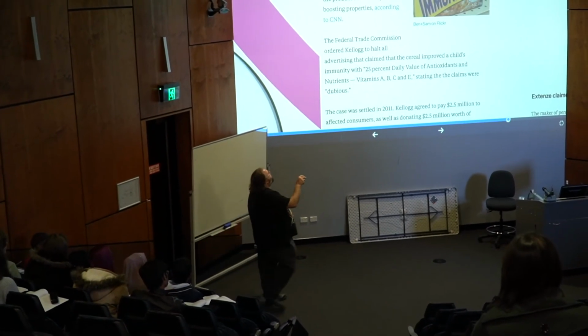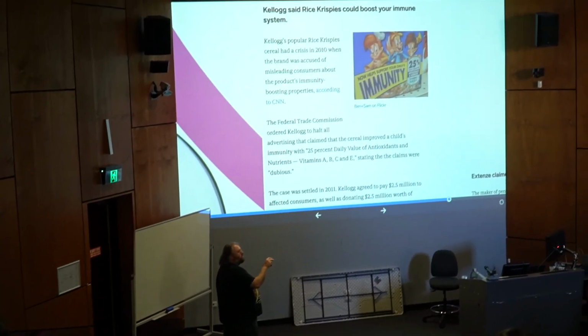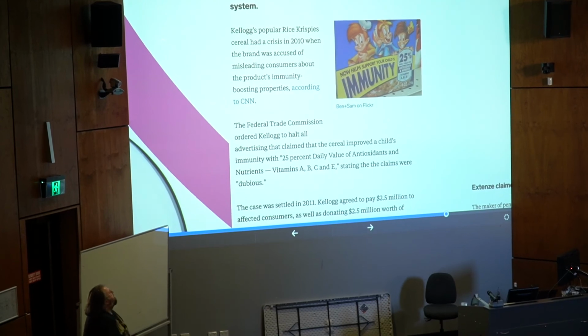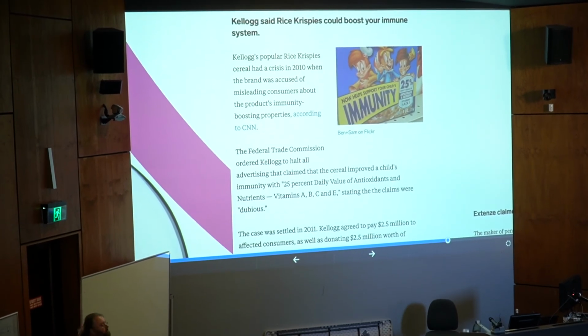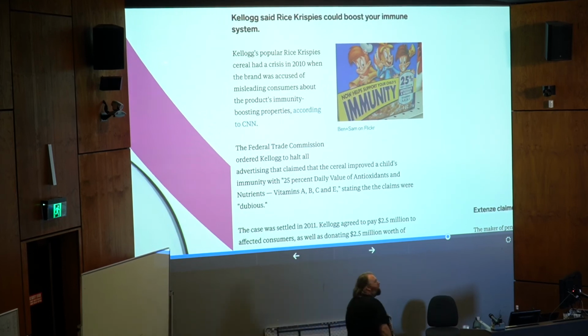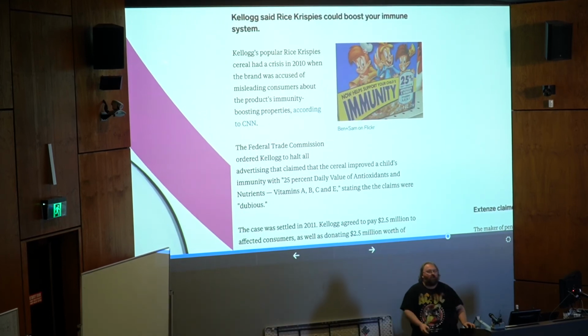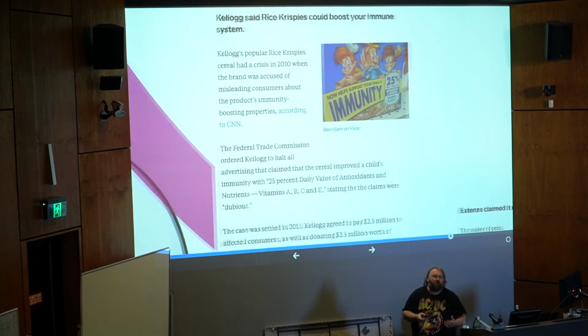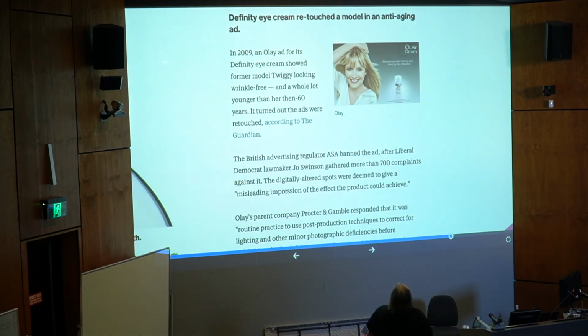And so here, this is Rice Bubbles. Boosts your child's immunity. A, B, C, and E. 25% antioxidants, nutrients. It is not illegal just to throw those words onto a thing, because pretty much everything you eat can be a nutrient of some description. And so Kellogg's were told to take that off there. Similar sort of claim to the shred stuff we talked about before.